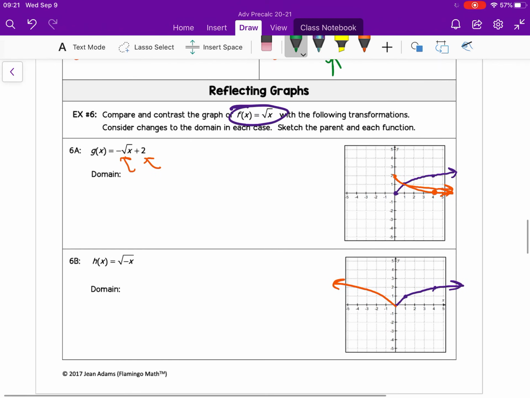What do reflections look like? So all the purple is just square root of x. A reflection across the x would mean that it would go this way. But this particular graph also goes up 2, so after the reflection, I moved it up 2.